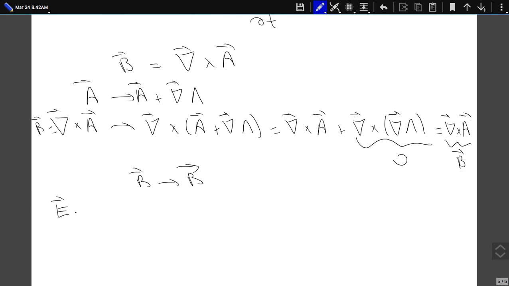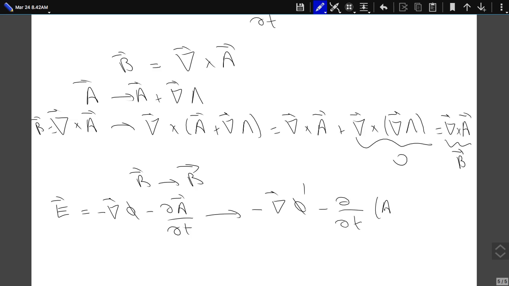Let's see what happens to the electric field, which is minus the gradient of phi minus del A by del T. Well, I will assume that I also change phi. I don't know how, but I change phi. This becomes minus the gradient of, let's say, phi prime. I don't know what phi prime is.